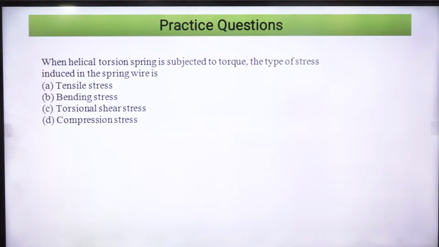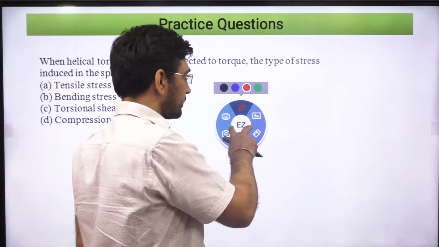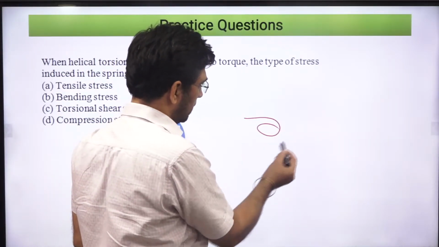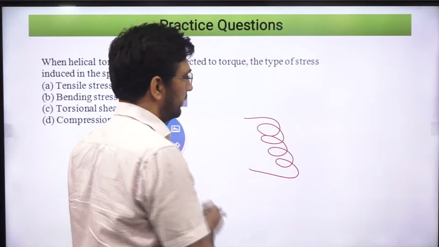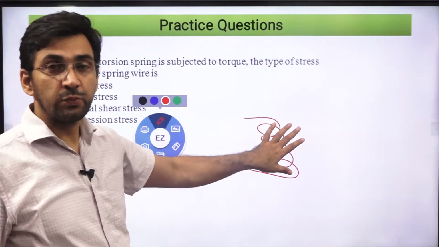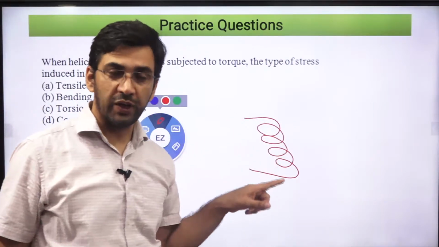When a helical torsion spring is subjected to torque, okay, so basically this is a helical coiled torsion spring.